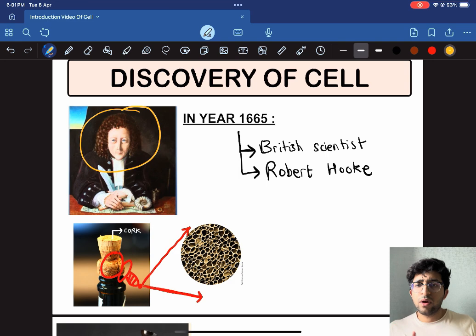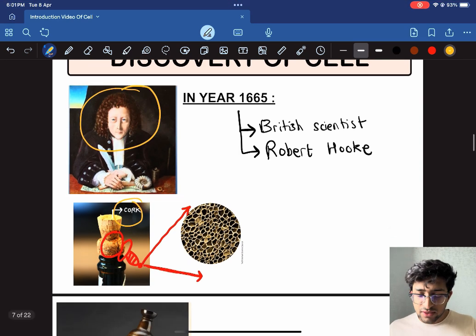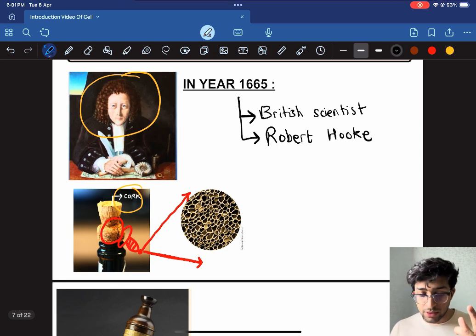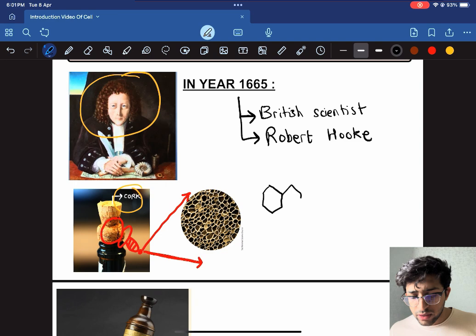So what this guy did: from the champagne bottle, there is a small cork, like this kind of thing. He took a slice of that cork and put it under a microscope, and he saw some honeycomb-like structure. It looks like a hexagonal structure, right?